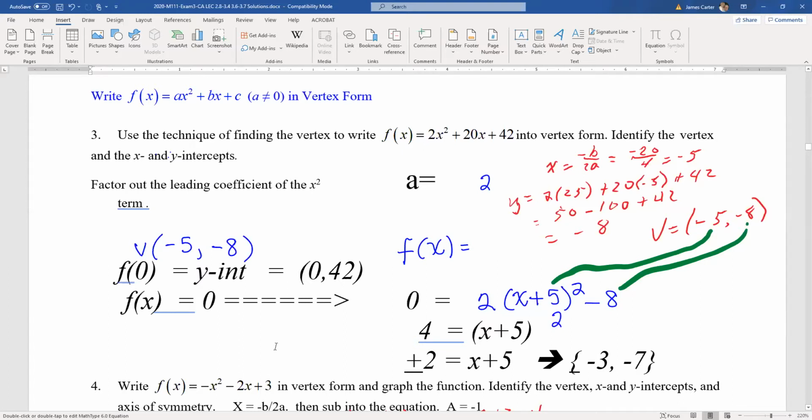Now, in terms of finding the x and y intercepts, the y-intercept is easy. It's 42. To find the x-intercept, we can replace y with 0 and solve. Take the 8 to the other side, divide both sides by 2, and we get 4 equals (x plus 5) squared.